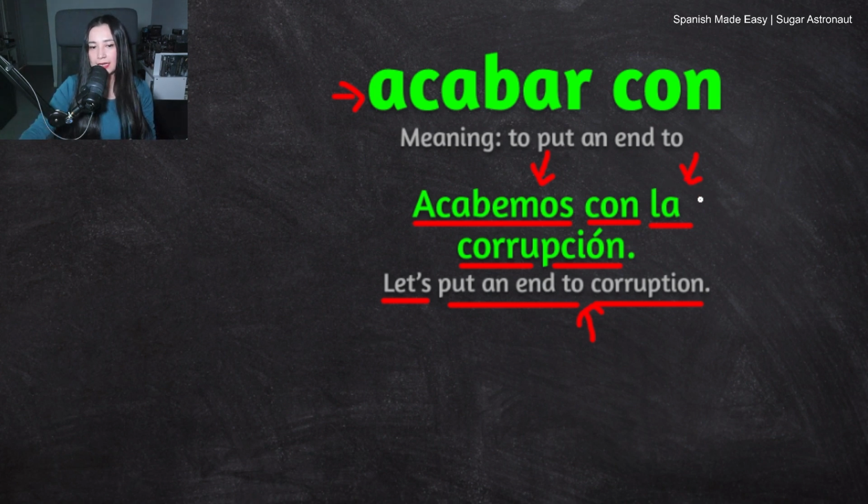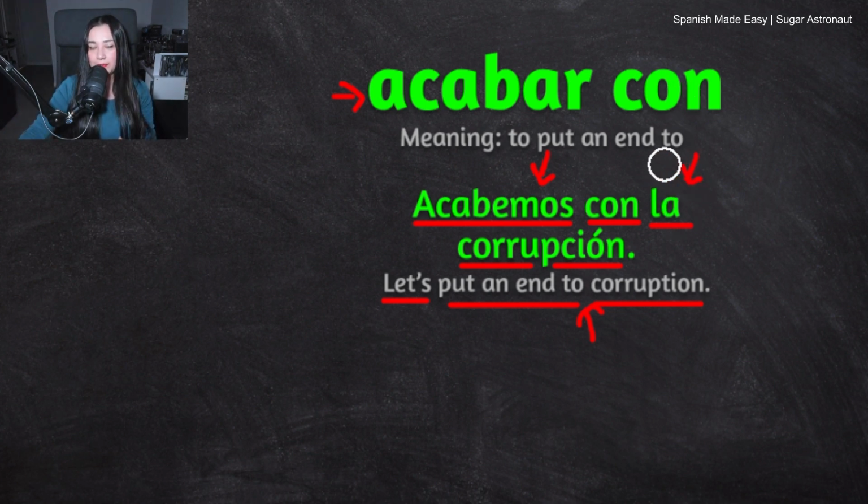You will likely need a definite article when you use acabemos con or acabar con. If it's very likely that you will need a noun after saying acabemos con, then you can place a noun. But remember to use a definite article. La, el, los, las. Okay? So keep that in mind. Sometimes you need them in Spanish, sometimes you don't.